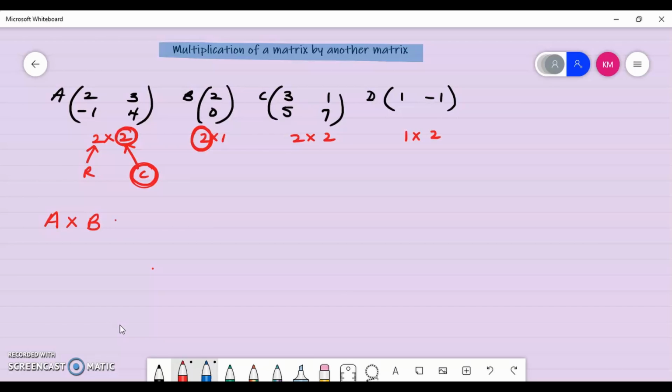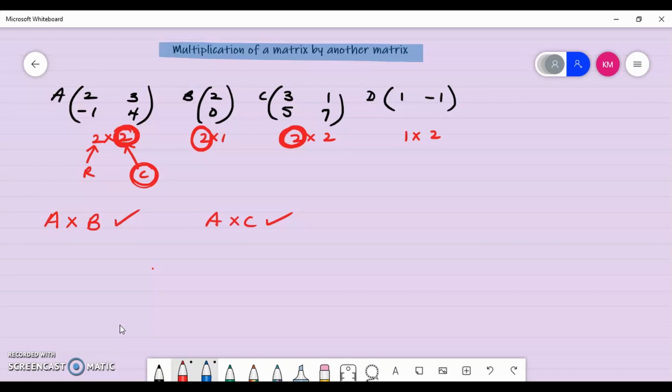So A can be multiplied by B. What about A by C? I'm going to examine the number of columns of matrix A and the number of rows of matrix C. And I am seeing that they are both equal. So yes, matrix A can be multiplied by matrix C.